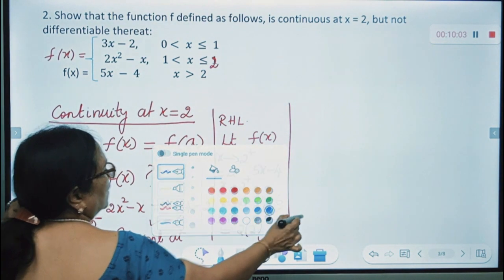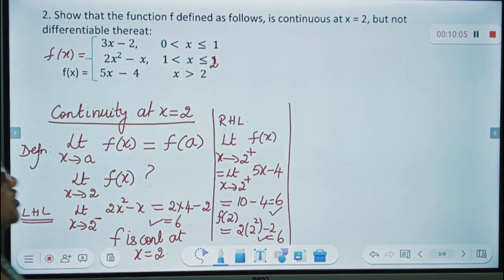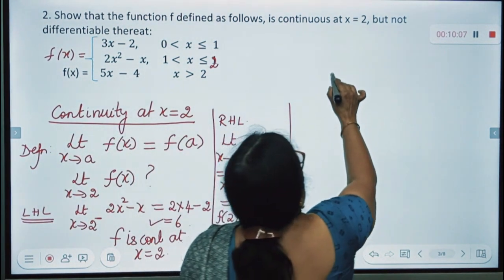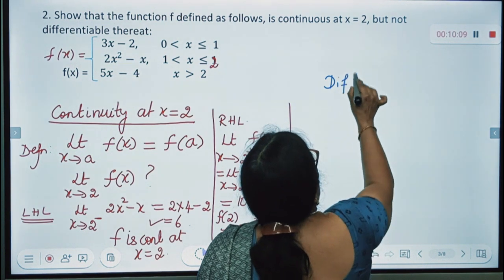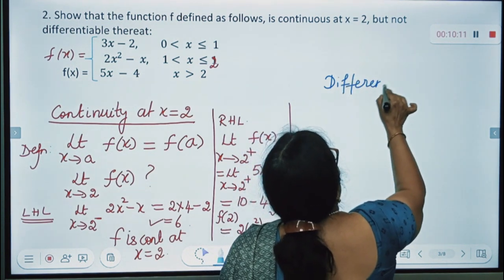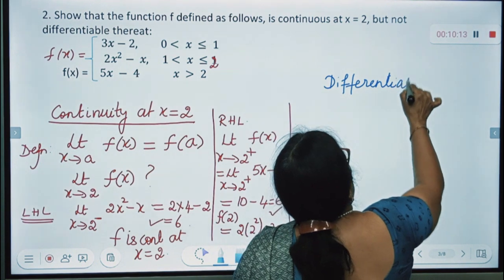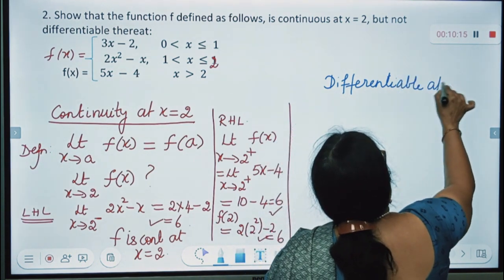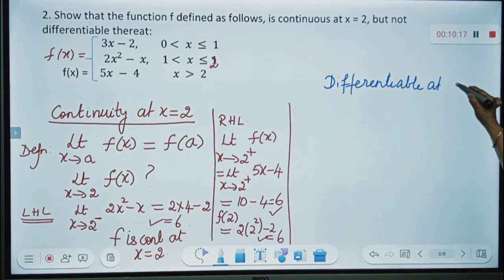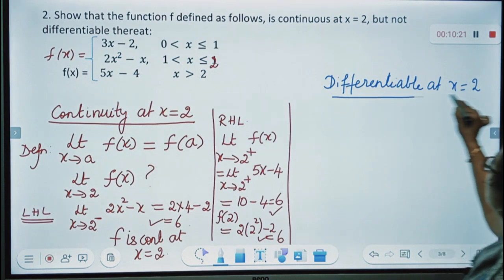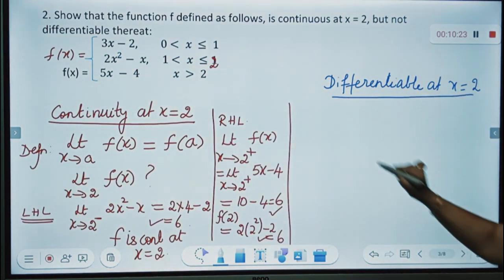Now, we are going to check differentiability, whether the function is differentiable at x equal to 2. Okay, so what is the definition for that?